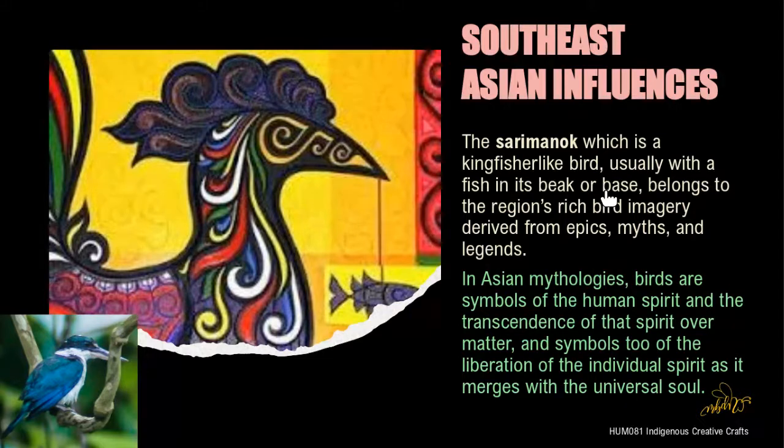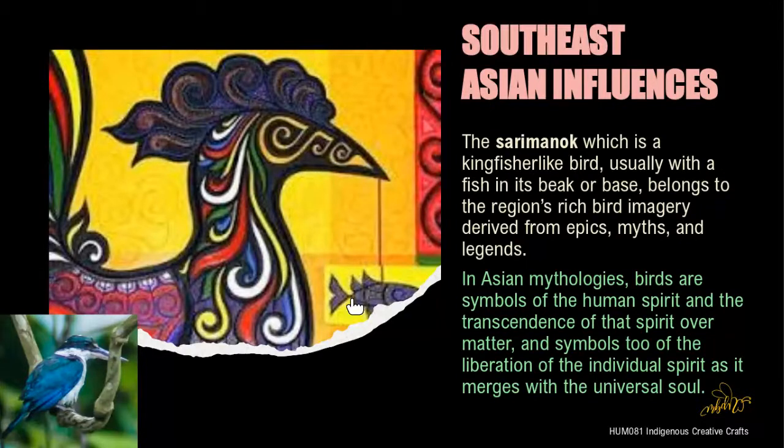This is a kingfisher-like bird. What is the kingfisher? There you have the kingfisher. Now, we have a lot of this because I live inside UP Los Baños. This was taken in just one of the trees hanging there, in one of my walks. So anyway, it's usually this one, usually with a fish in its beak.